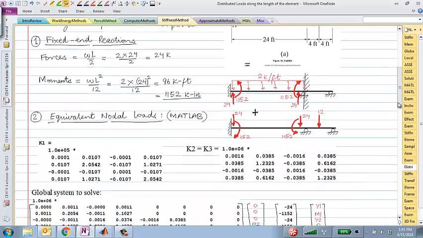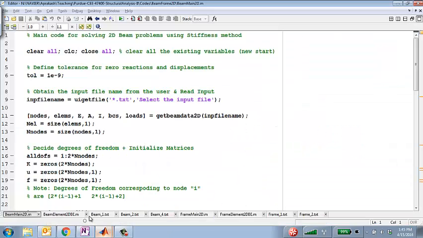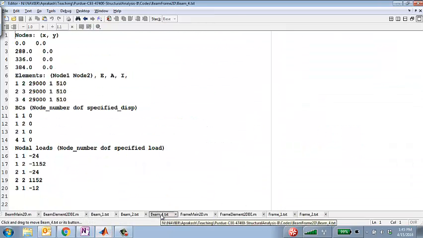So let's see. This problem we have already just read off the values from the table, so there's nothing more to solve here really. This problem we can solve in MATLAB by creating an input file which should look like this. There are 4 nodes. There are 3 elements.